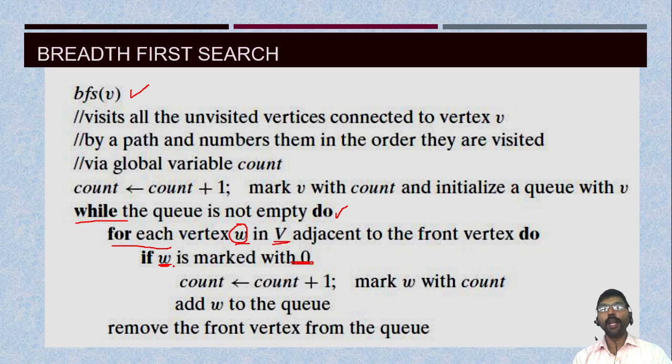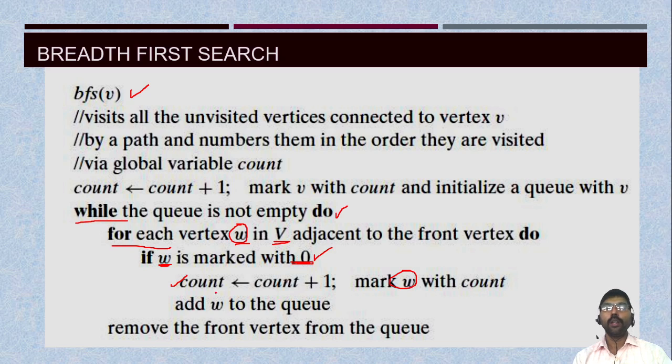If it is visited, it is marked with a number. If it is not visited, then it is marked with 0. Then we have to check for the adjacent node which is not visited here. If it is not visited, we have to mark it with the number. Here the incremented number is marked to the W, that is the adjacent node.